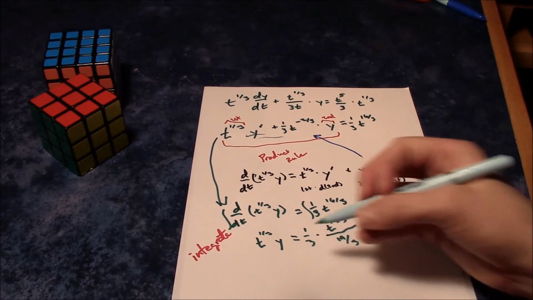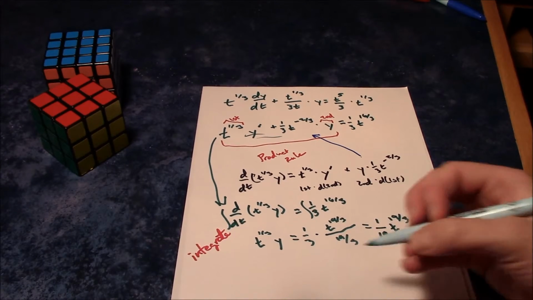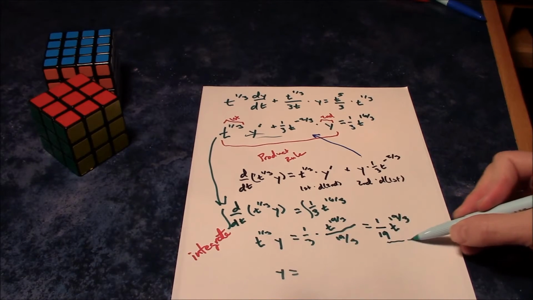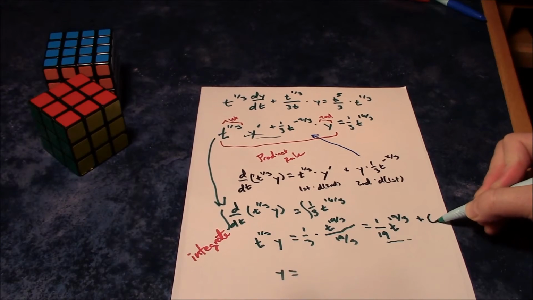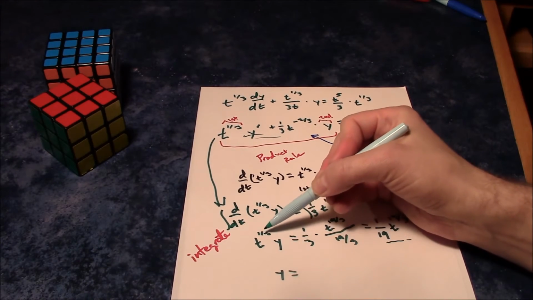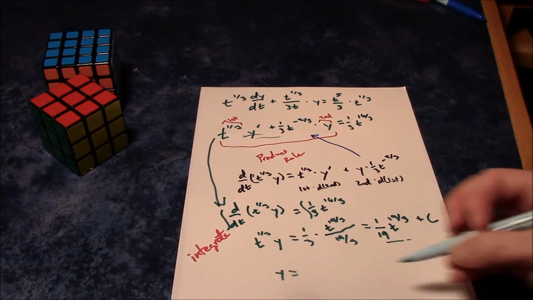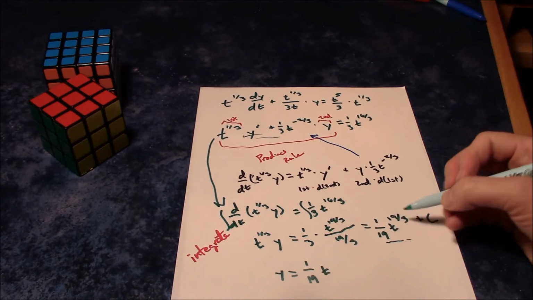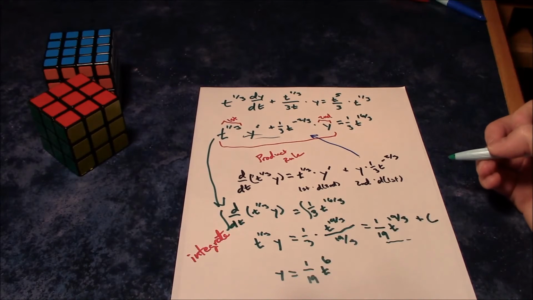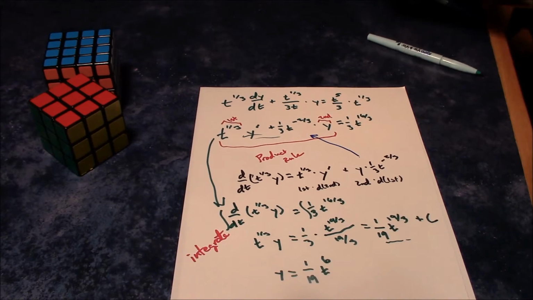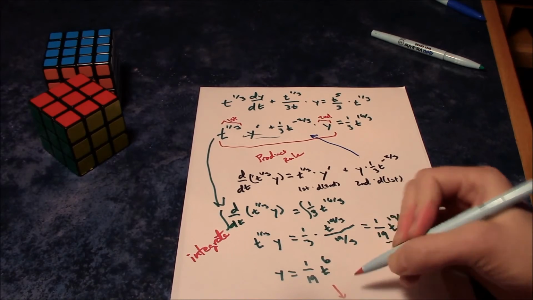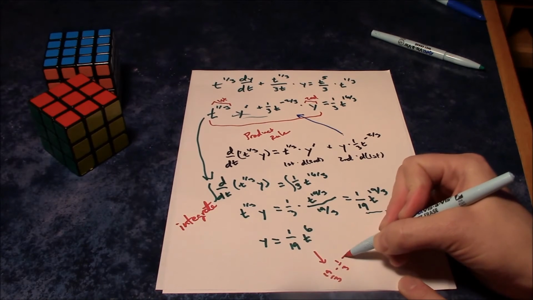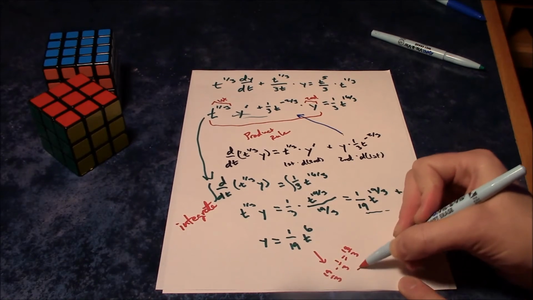And so that's your implicit solution. If you solve for y to get an explicit solution, you'd have y equals, and then you've got a plus c, of course. t to the negative 1/3 times all this gives you y equals 1/19 t to the 18/3, which is 6, because 19/3 minus 1/3 is 18/3, which is 6.